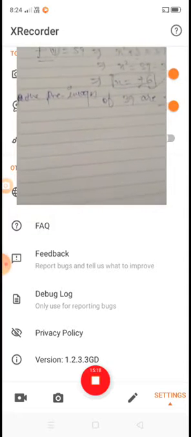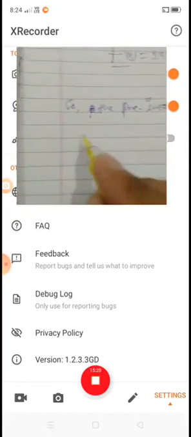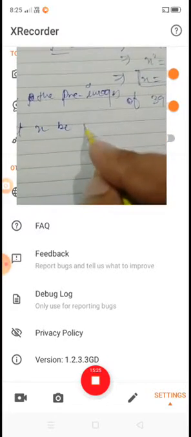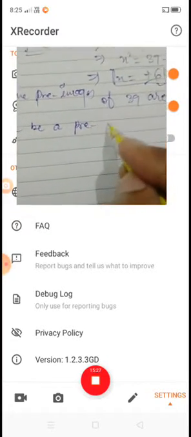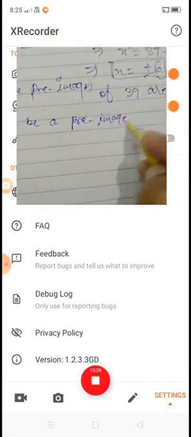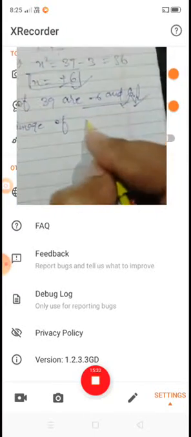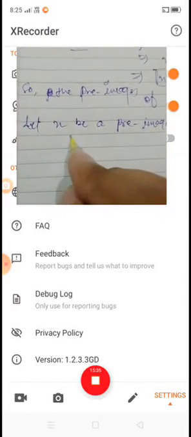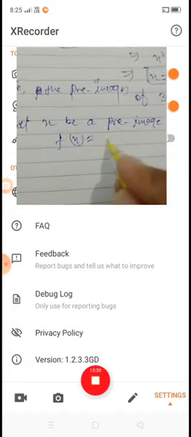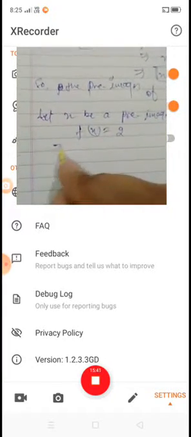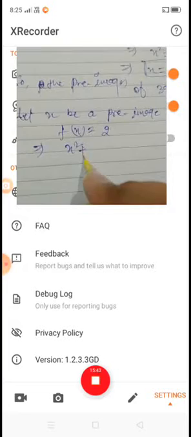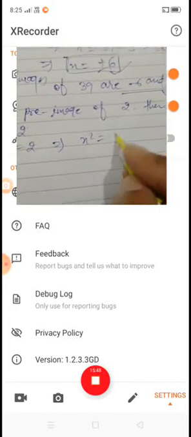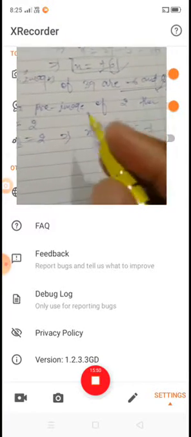Now we also find the pre-image of 2. Let x be a pre-image of 2. Then by the same concept, f of x is equal to 2, and f of x is equal to x square plus 3, equal to 2. That is, x square is equal to 2 minus 3, that is minus 1.